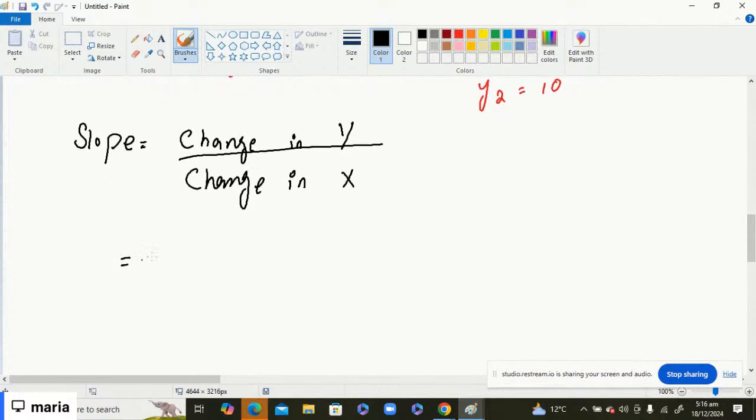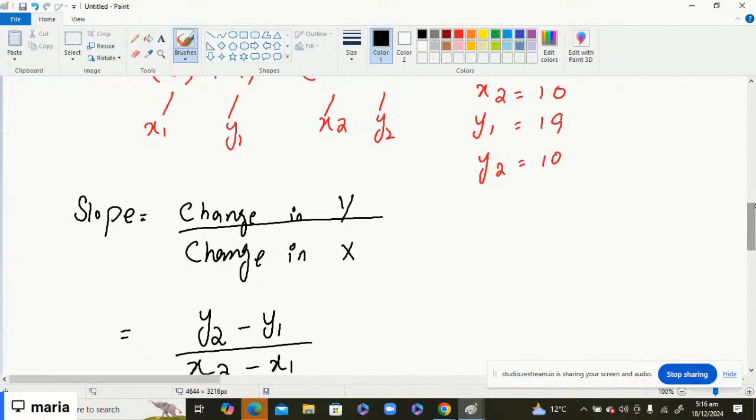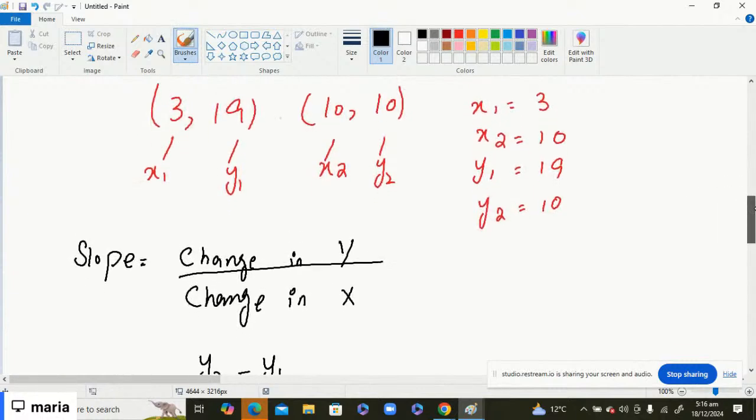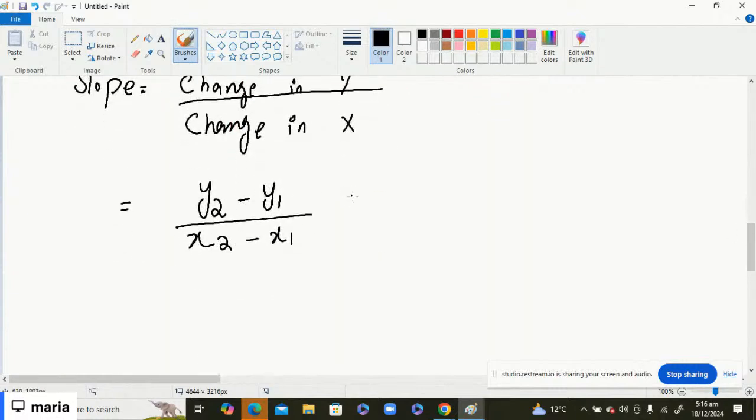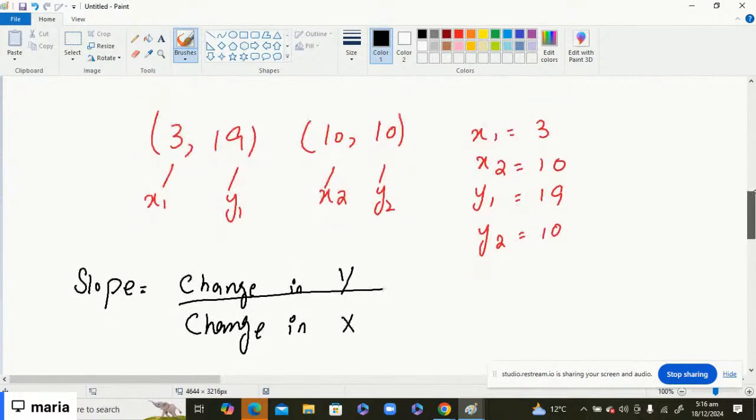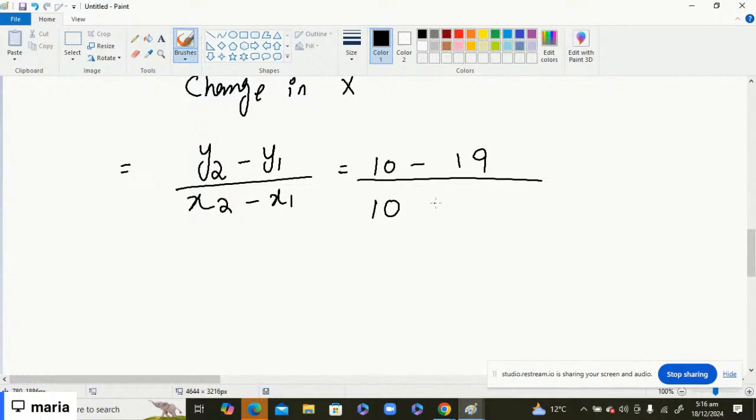This is y2 minus y1 over x2 minus x1. So putting the values, y2 is 10, y1 is 19: 10 minus 19. x2 is 10, x1 is 3: 10 minus 3.